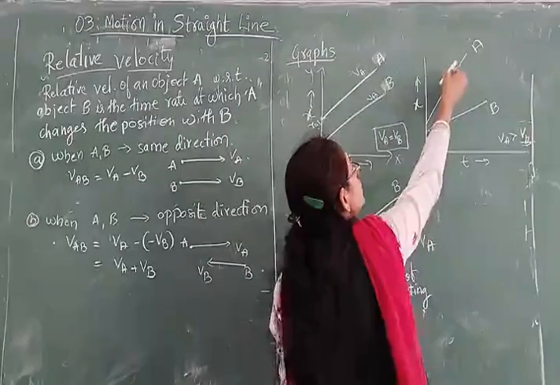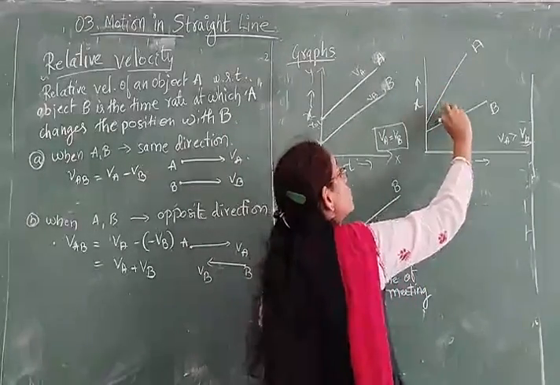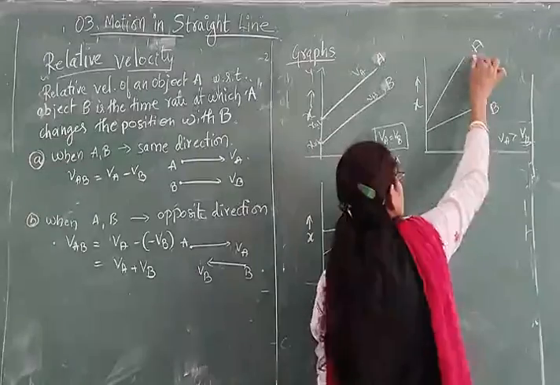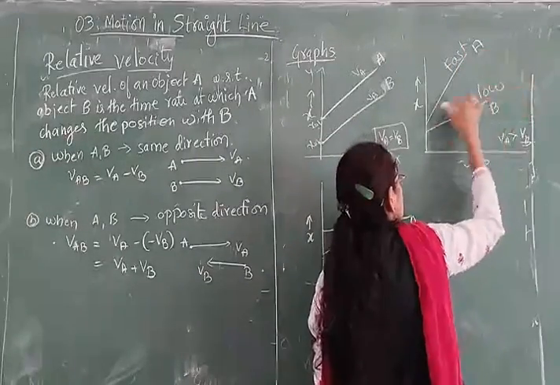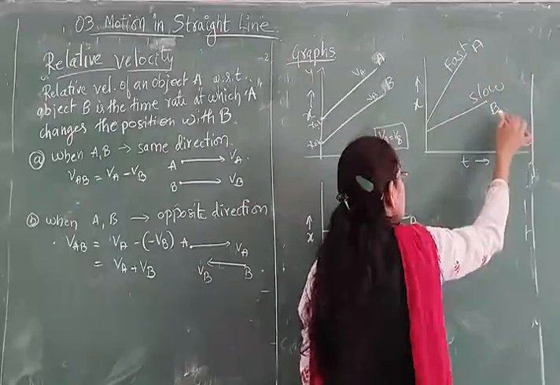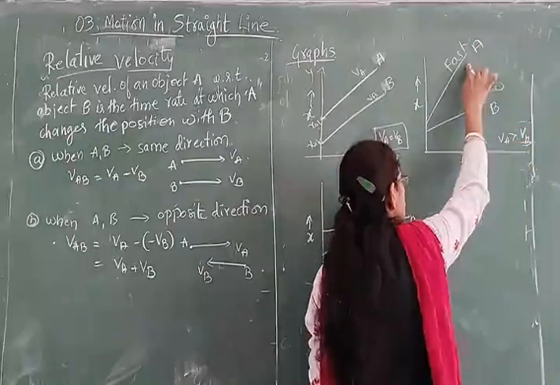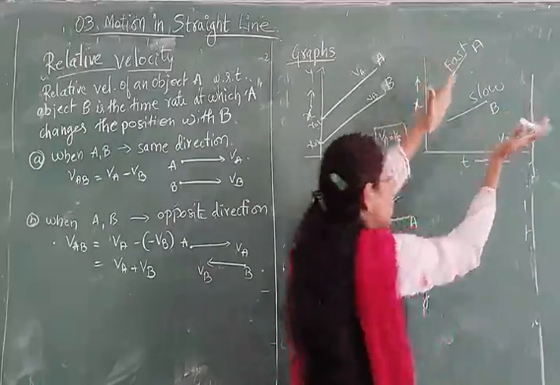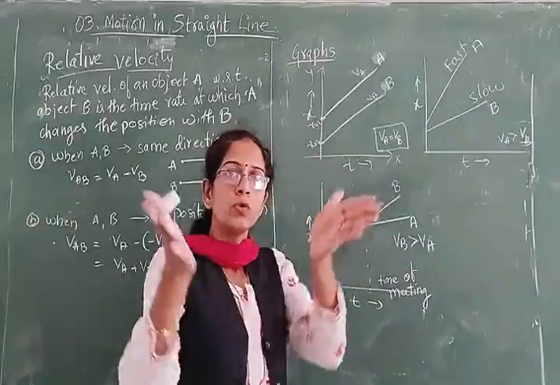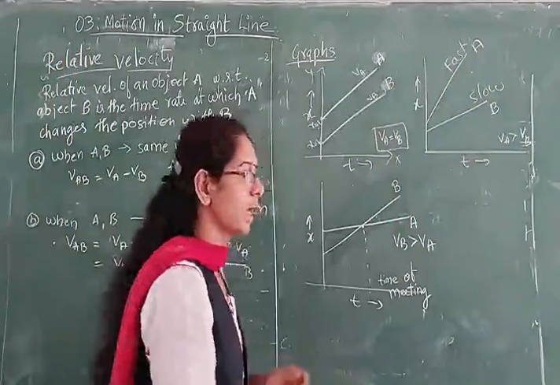Therefore this is the tilt for the faster one, and the other, which is moving slower, has this tilt. So A is moving fast and B is moving slower. Here the velocity of A is greater than the velocity of B, and this is the nature. The lines are not joining at all; they are moving apart from each other.